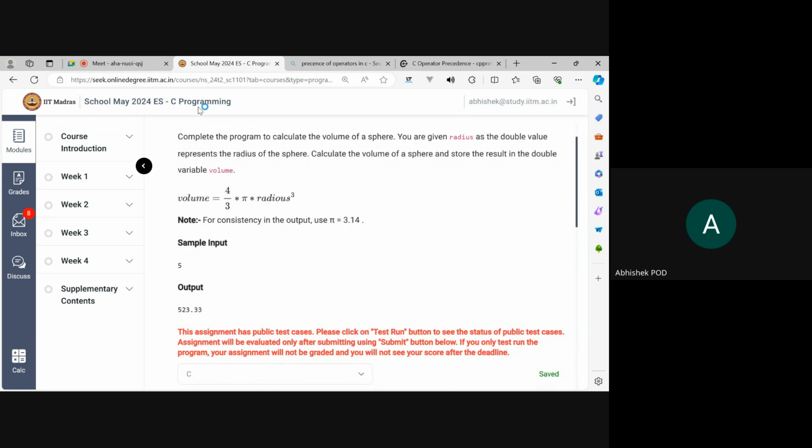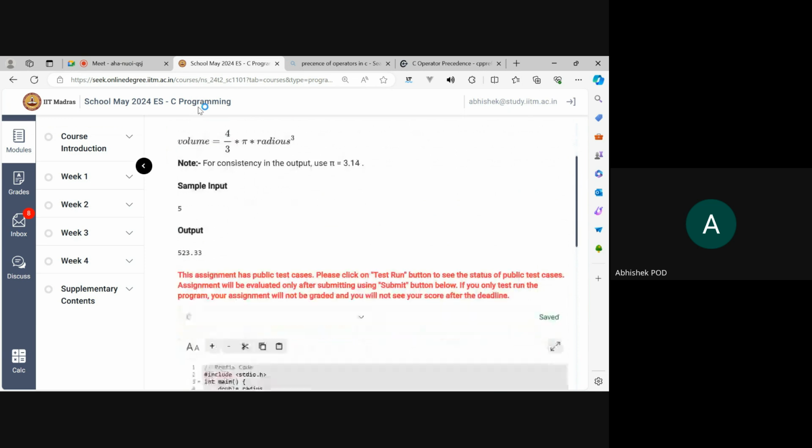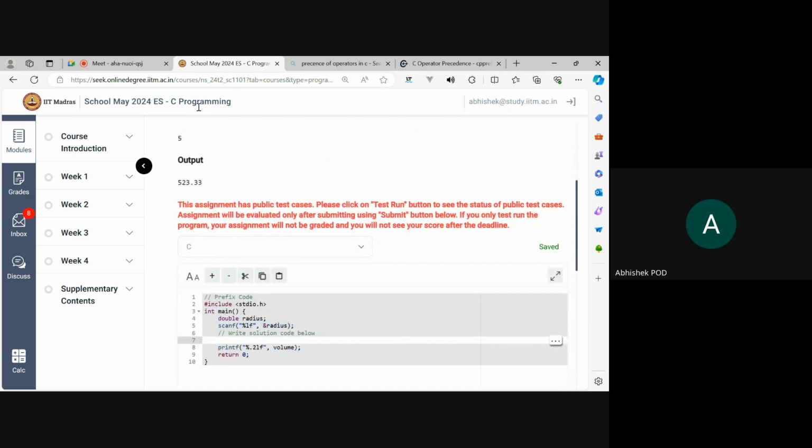Based on that radius, you have to find out the volume. How would you find out the volume? You just have to perform this arithmetic operation: 4 by 3 multiplied by pi. The value of pi, you have to use it as 3.14. Multiply r into r into r. So you would be writing it as 4 divided by 3. Sir, first we have to declare double volume. Yes, I'm just telling you the logic.